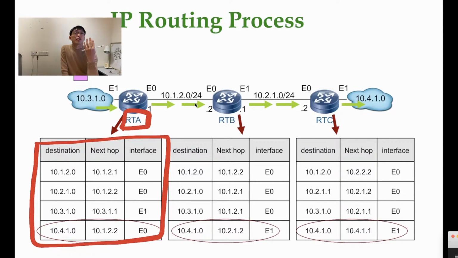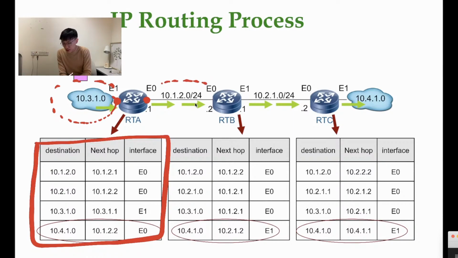Remember, what do we mean by network? Every interface on a router will give you a network. Over here I have router A, and on router A I have 1 interface here, 2 interfaces here, which means that this one here is 1 network, and this one here is another network.